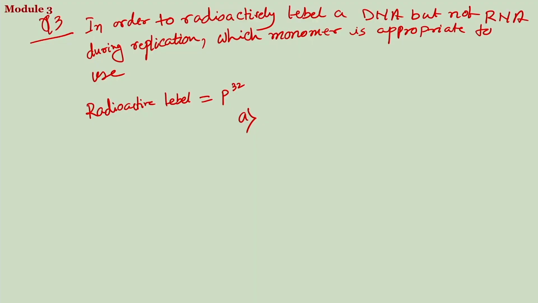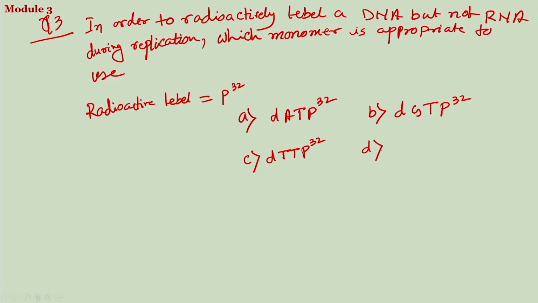Option A is dATP with the label P32. Option B is dGTP. C is dTTP, P32 labeled, and D is dCTP.